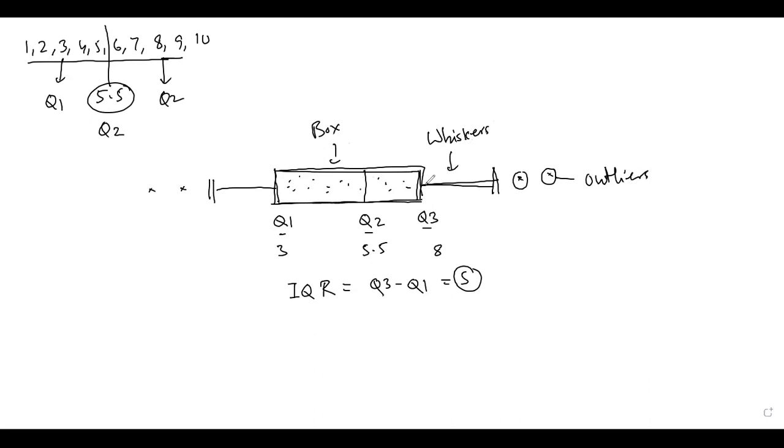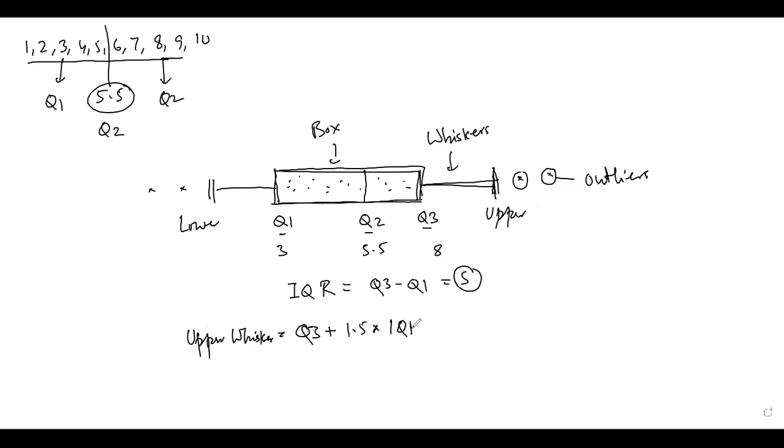Now what is the length of the whisker? This is the upper whisker, and this is the lower whisker. The upper whisker is Q3 plus 1.5 times the interquartile range.